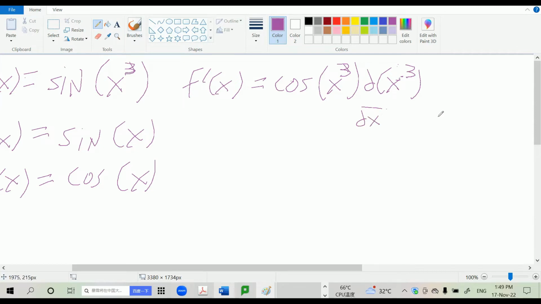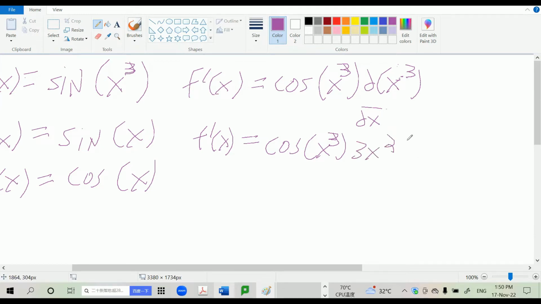d over dx, because I'm just taking the derivative of whatever was inside the parentheses with respect to x. So that becomes cosine of x cubed, times the derivative of what is inside, which is 3x to the power of 2.